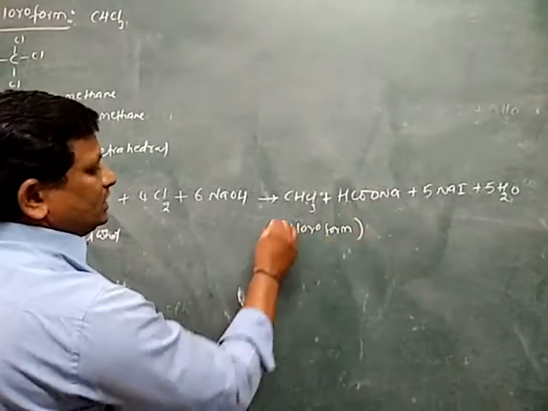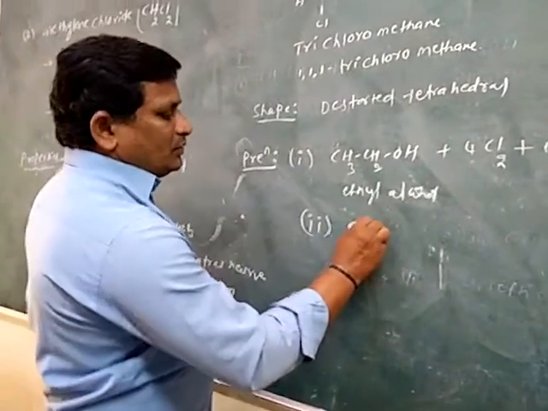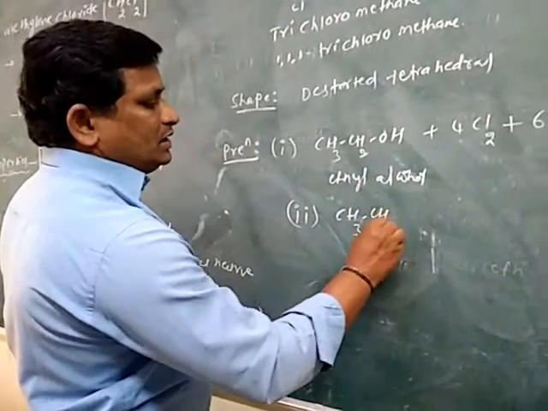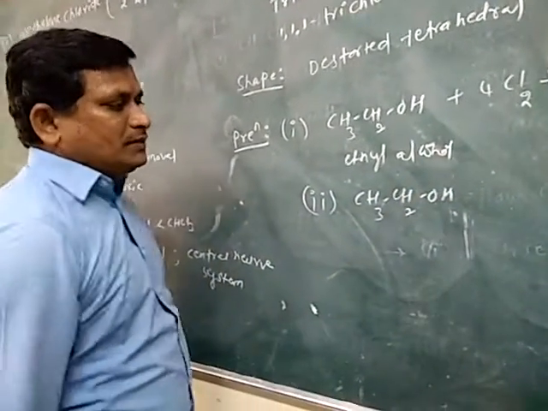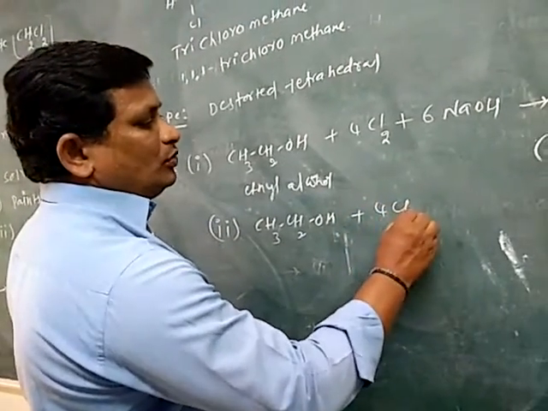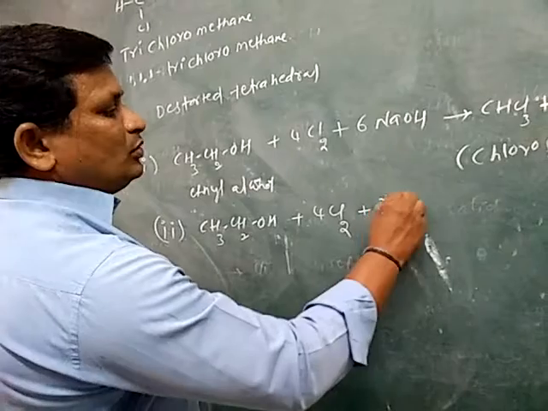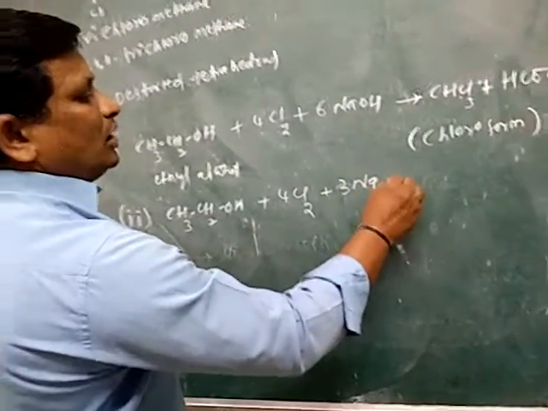Chloroform is the same as in the second preparation method. It is prepared from alcohol, CH3CH2OH, ethyl alcohol. It is treated with 4 moles of chlorine in the presence of 3 moles of sodium carbonate.